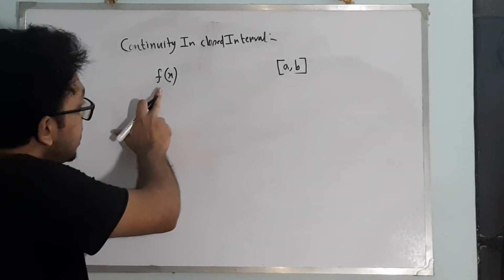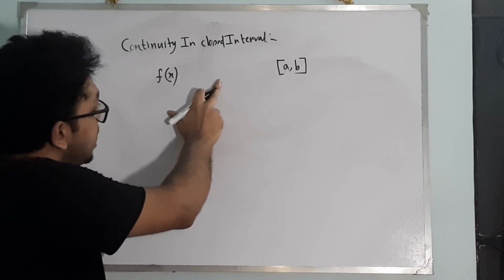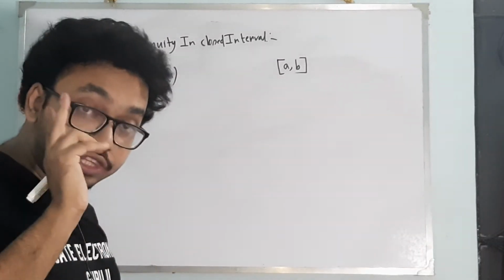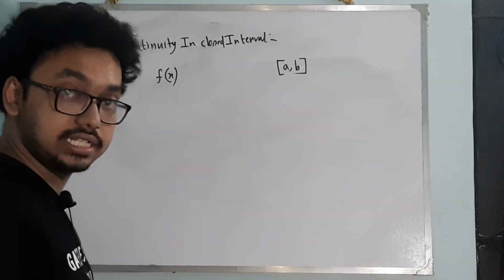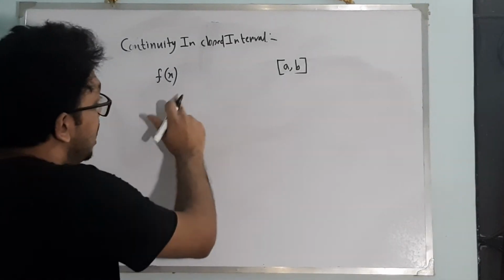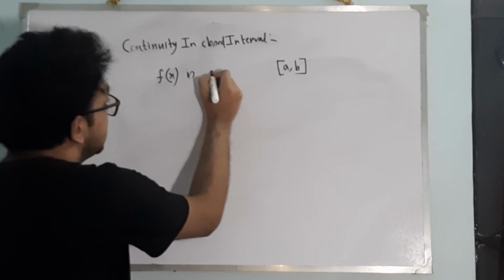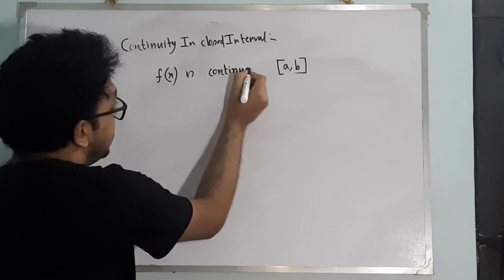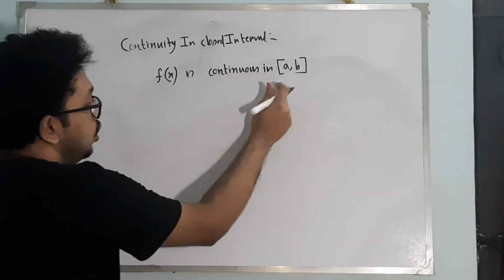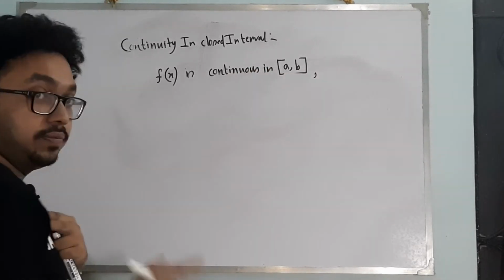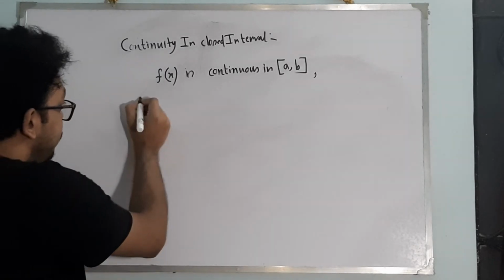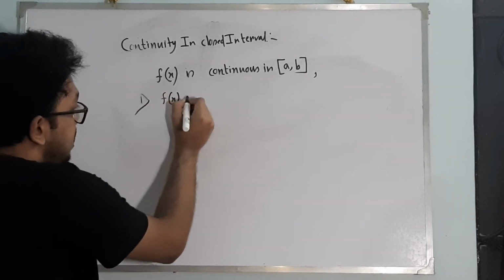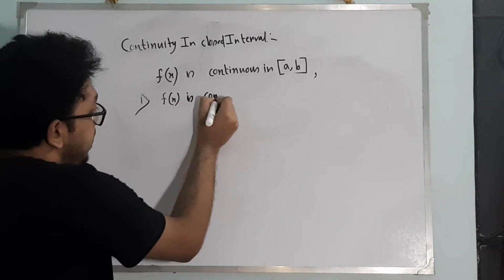Then the function f(x) will be said to be continuous in the closed interval a to b if three conditions are simultaneously satisfied. So what did I say? I said that f(x) is continuous in closed interval a comma b if three conditions are satisfied. The first condition is f(x) is continuous in open interval a comma b.